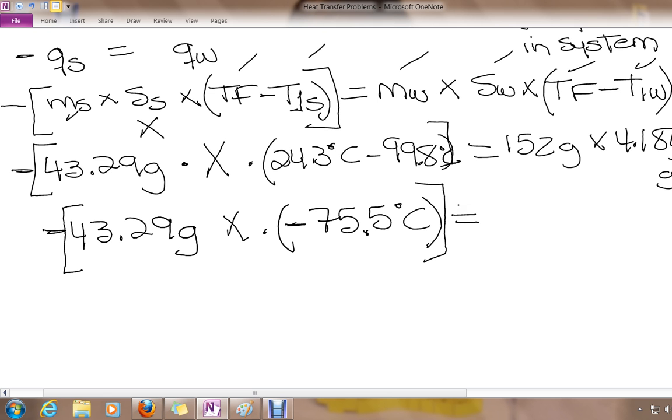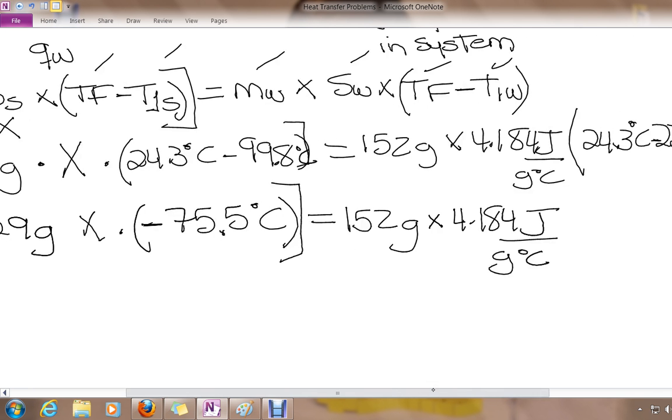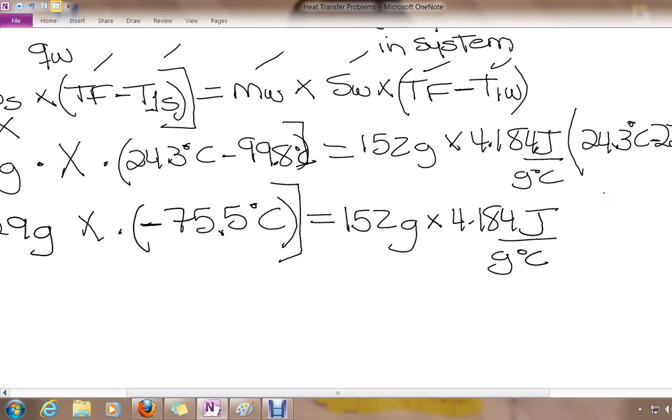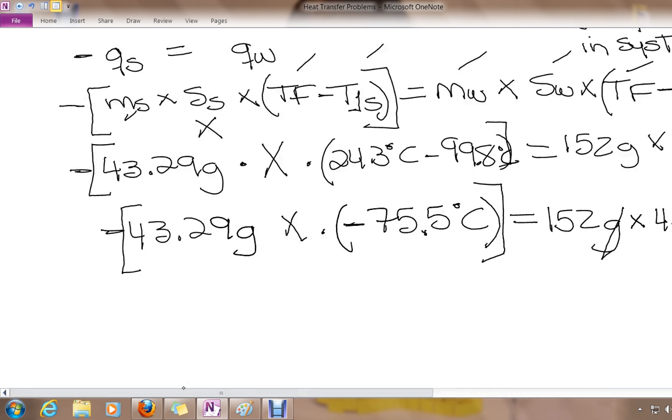Equals, let's do our numbers here, 152 grams multiplied by 4.184 joules per gram per Celsius. And here on the right, 24.3 minus 22.5 is 1.8 degrees Celsius. Okay, so the grams and grams cancel out, degrees Celsius and degrees Celsius cancel out. We only have that on the right.